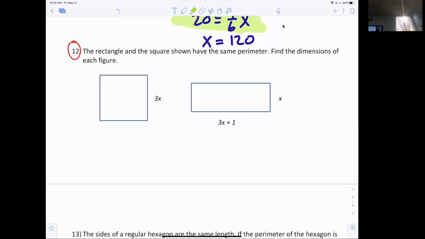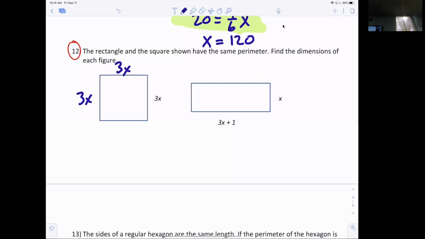All right. The rectangle and the square have the same perimeter. So please, who can tell me what the perimeter? Miss Nelson, tell me what the perimeter of the square is. Now, look right up here, please. Let's do this. This is 3x.